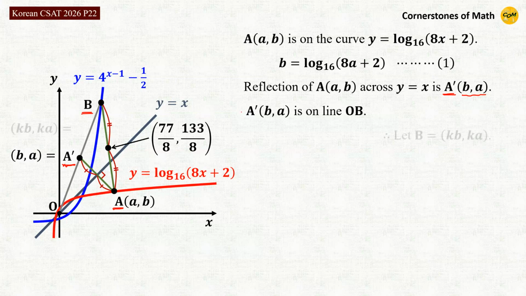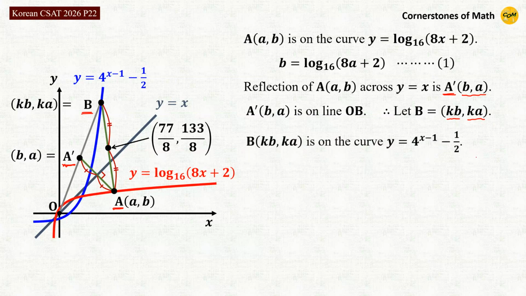Based on this given information, we can write the coordinates of point B as kb, ka, introducing only one additional variable, k. And then we use the fact that point B is on the exponential function graph, which gives ka equals 4 to the power of kb minus 1 minus 1 half, which is our second equation.